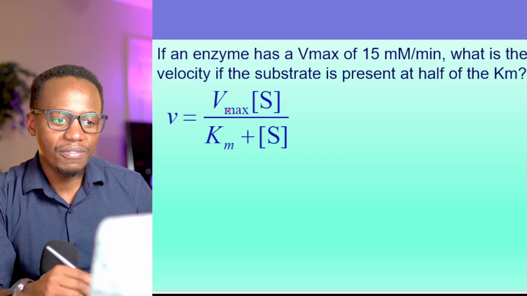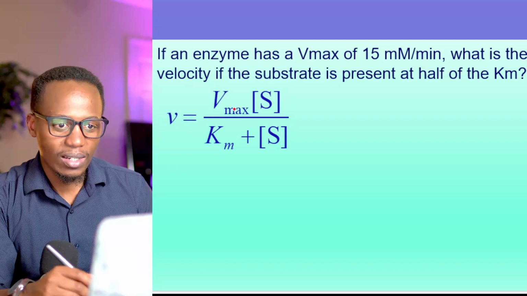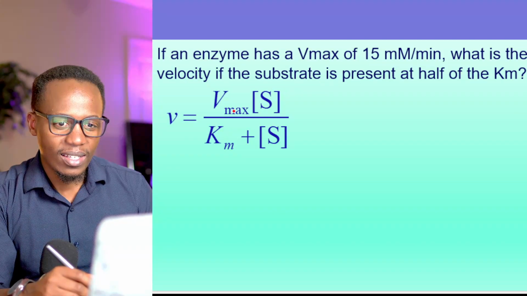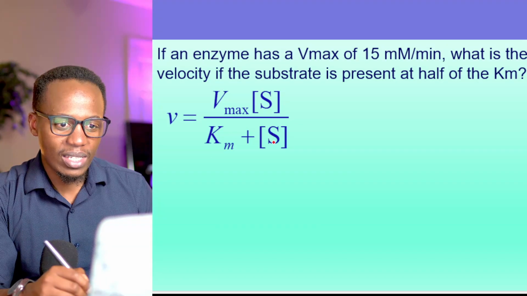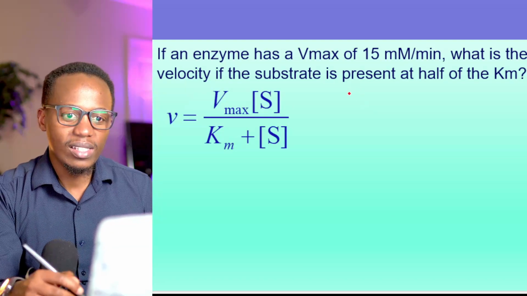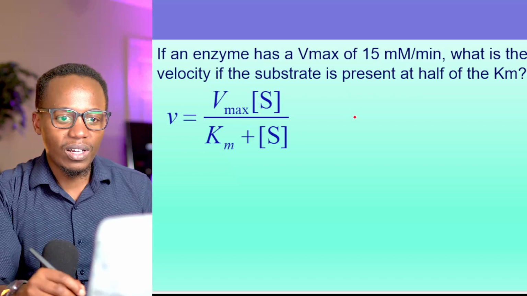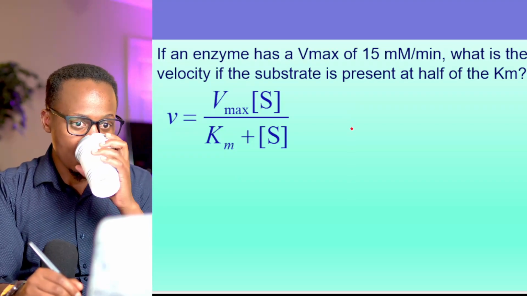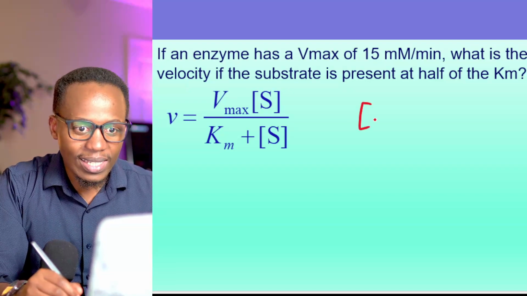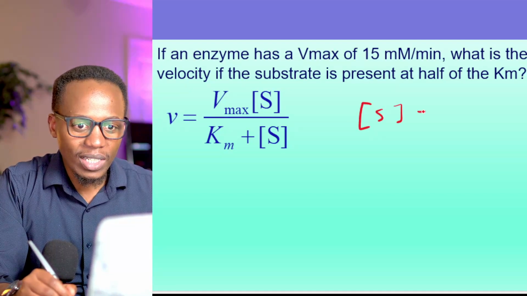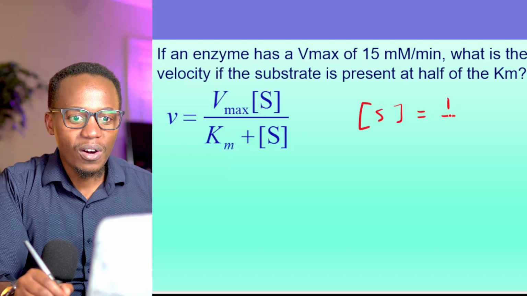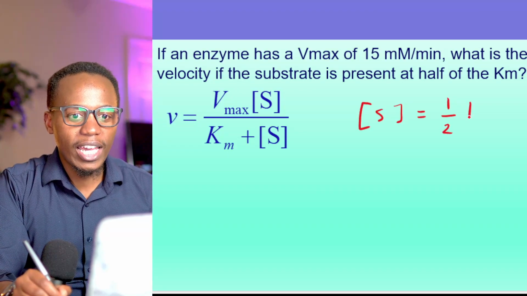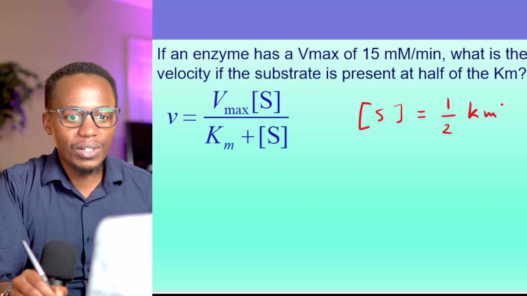So they gave us the Vmax. That's good. They didn't give us the Km, they didn't give us the substrate, but they tell us the substrate is equal to 1/2 of Km. This is very good information, by the way.